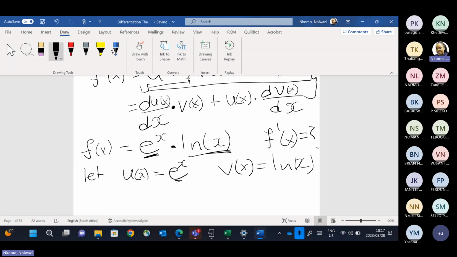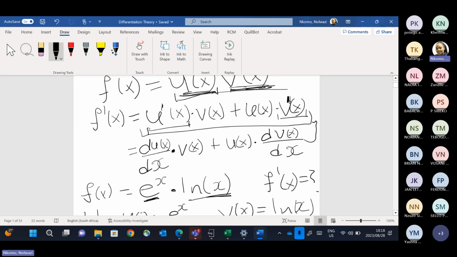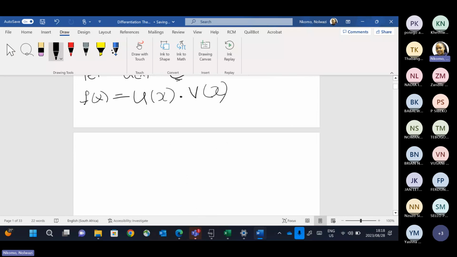If this is u and this is v, this means f at x is equal to u at x times v at x, right? And then from here, you can just apply your product rule, which says if f at x is u(x) times v(x), then f prime at x would be u prime x times v(x) plus u(x) times v prime x, right?